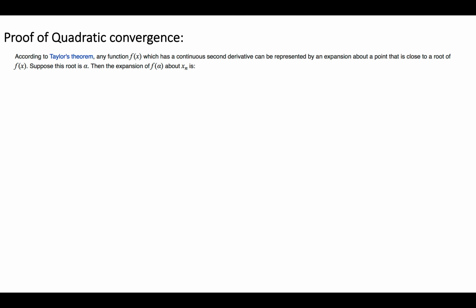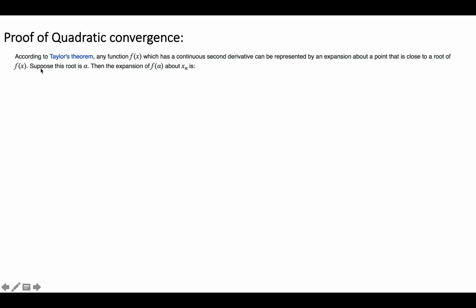According to Taylor's theorem, any function f(x) which has a continuous second derivative can be represented by an expansion about a point xn that is close to a root of f(x). So we consider that point as xn.